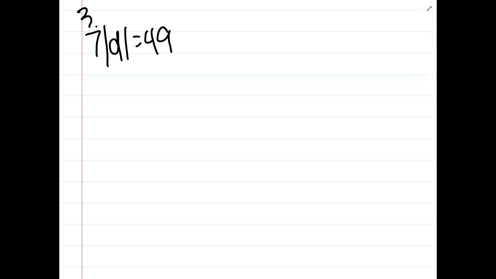Is that true with this one? No. I've got that 7. Now, just like you're solving a normal equation, how would you get rid of that 7? Yeah, it's 7 times. So to get rid of it, we would divide by 7. So then we'd have the absolute value of d equals 7. Once your absolute value is isolated, now you can say, okay, something has an absolute value of 7. Well, what has an absolute value of 7?